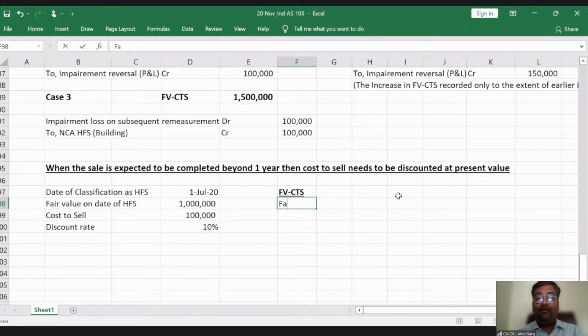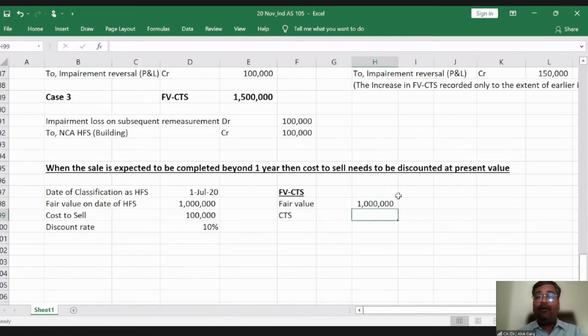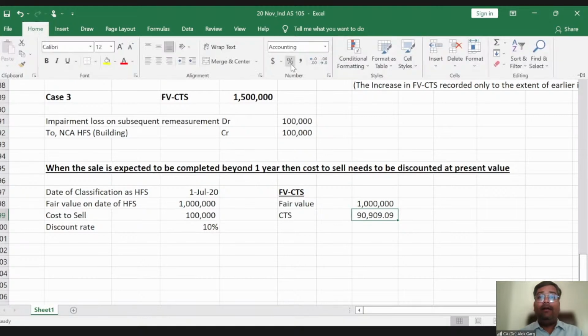So what is my fair value? My fair value is 10 lakh. What is my cost to sell? My cost to sell is 1 lakh divided by 1 plus 10%. So it will be 90,909 rupees.